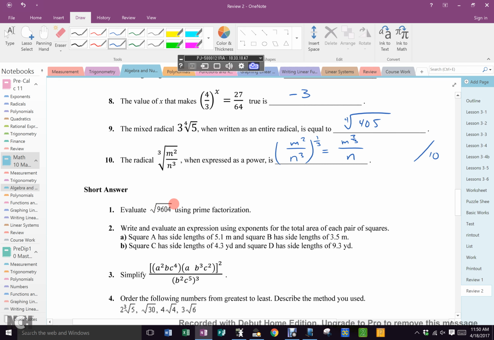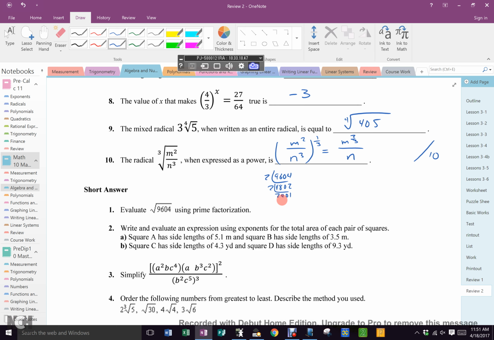Oh, I don't want to prime factor that. Let's go 9604 to 4802 to 2401. Is that it? That can't be it. 2401 must break down, doesn't it? Is that where you guys stopped? No. What?